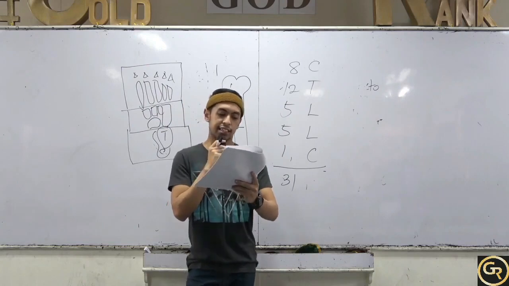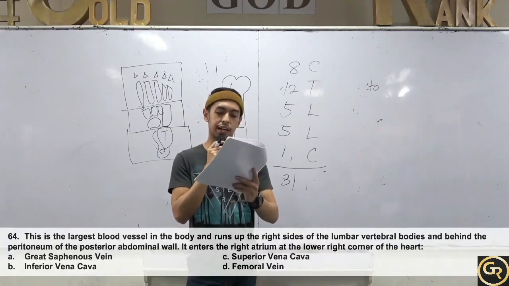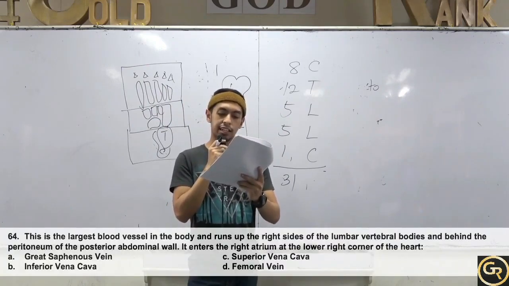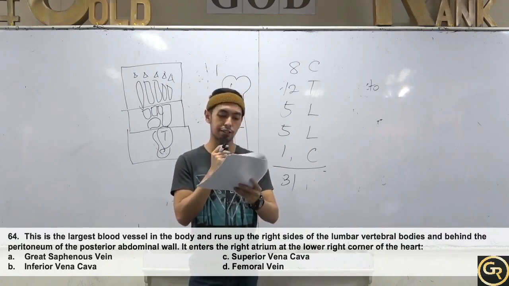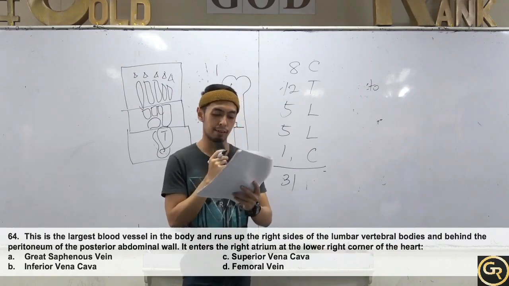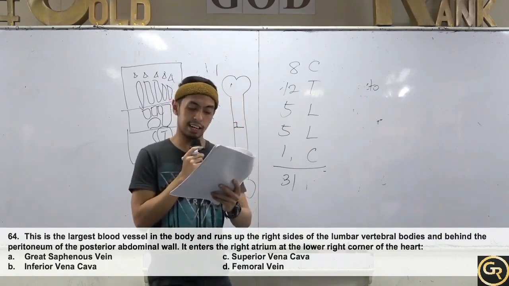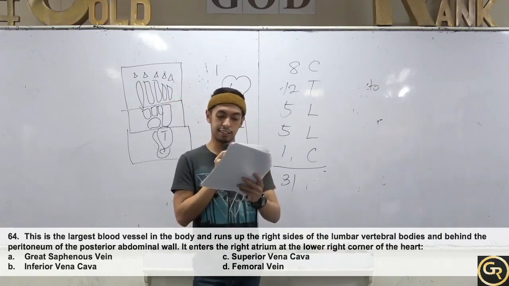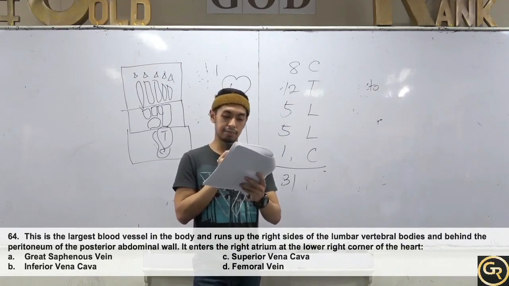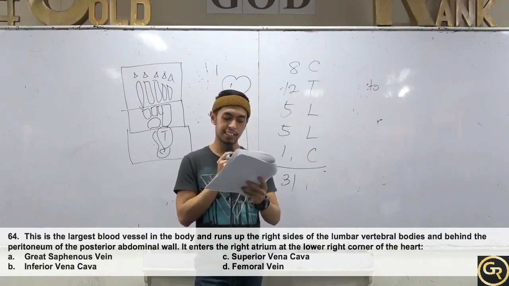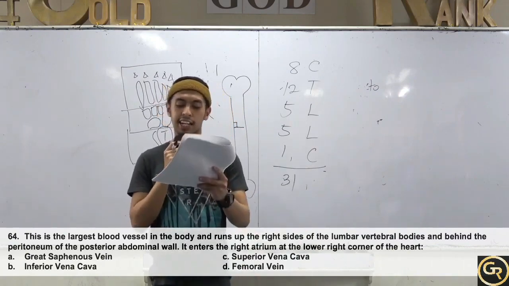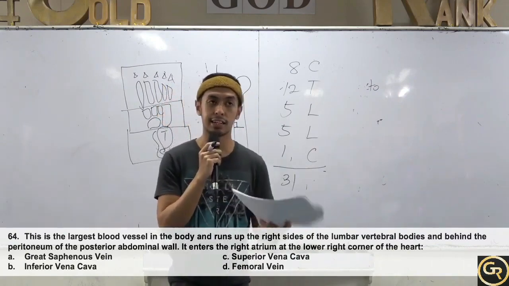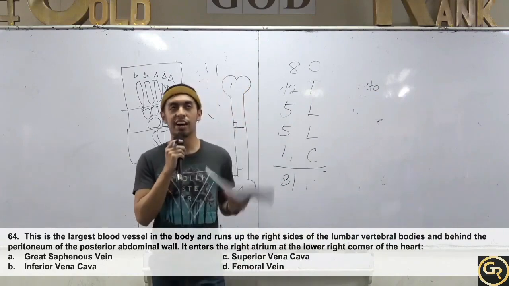64, this is the largest blood vessel in the body and runs up the right side of the lumbar vertebral bodies and behind the peritoneum of the posterior abdominal wall. It enters the right atrium at the lower right corner of the heart. What is the answer, since it's the largest blood vessel? It's connected to the right atrium, meaning this would be a vein.